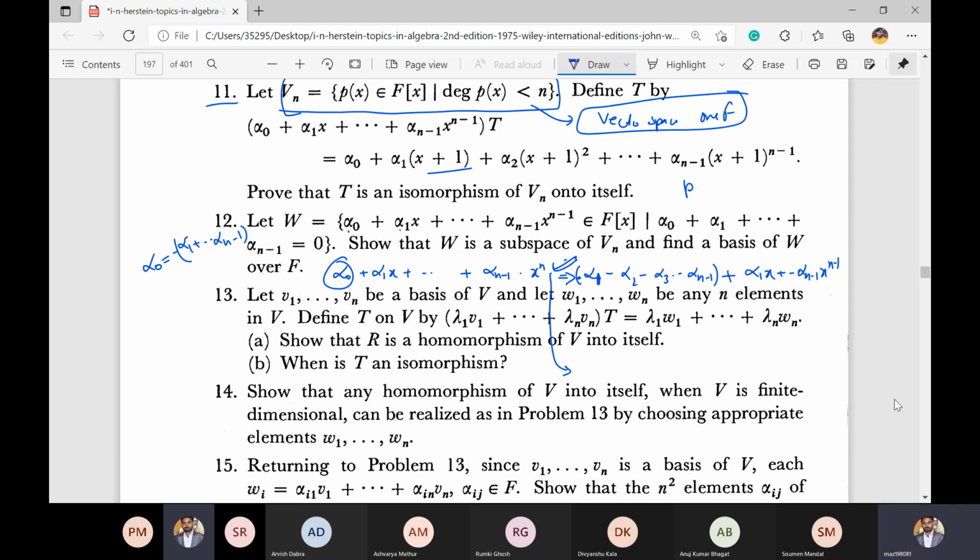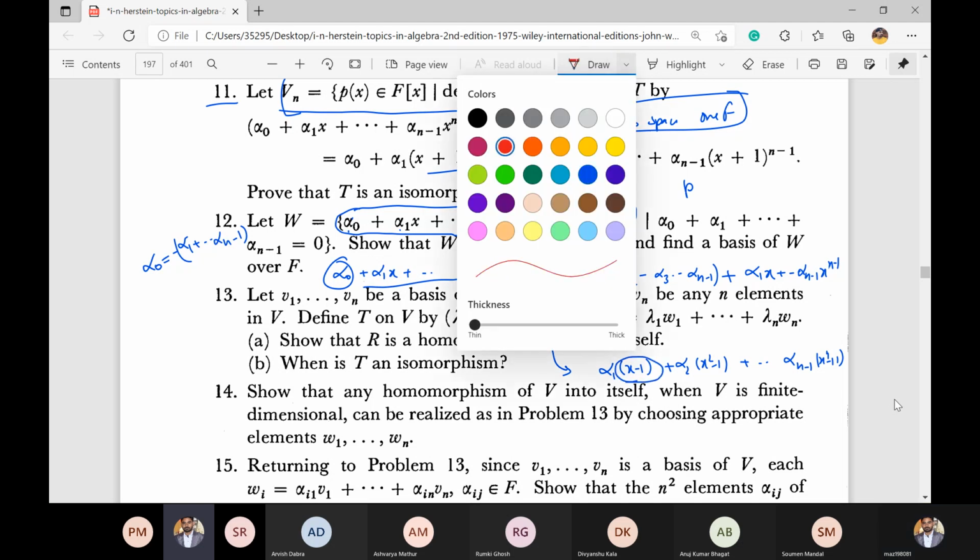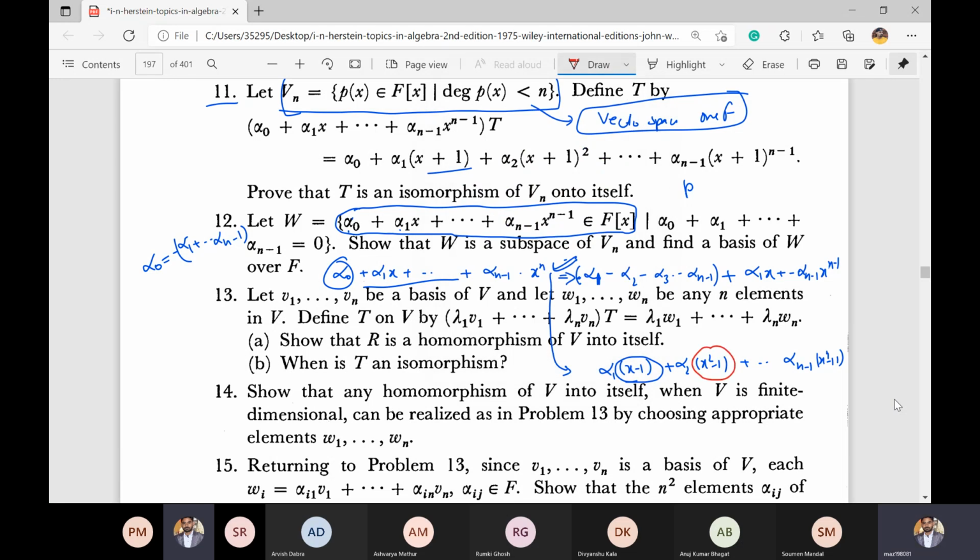After that you can write this as alpha 1 (x minus 1) plus alpha 2 (x square minus 1) and so on, up to alpha n minus 1 (x power n minus 1 minus 1). So we had chosen any arbitrary polynomial in this set, and we are writing it as a linear combination of these terms, because alpha 1, 2 up to n minus 1 are scalars.